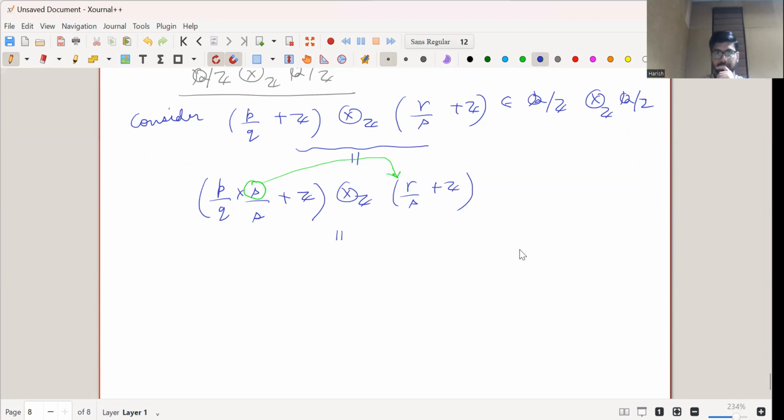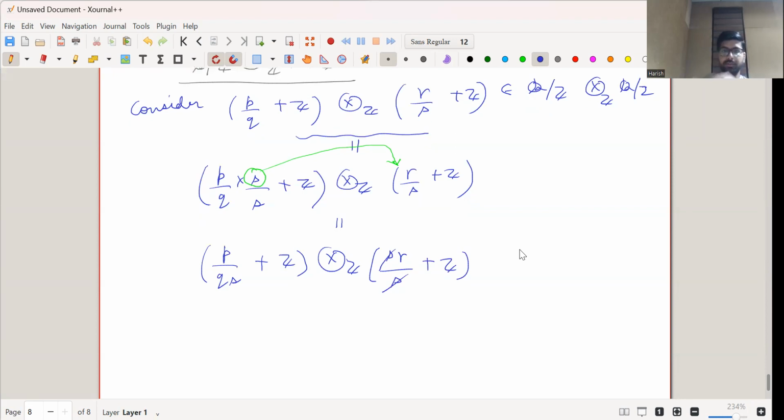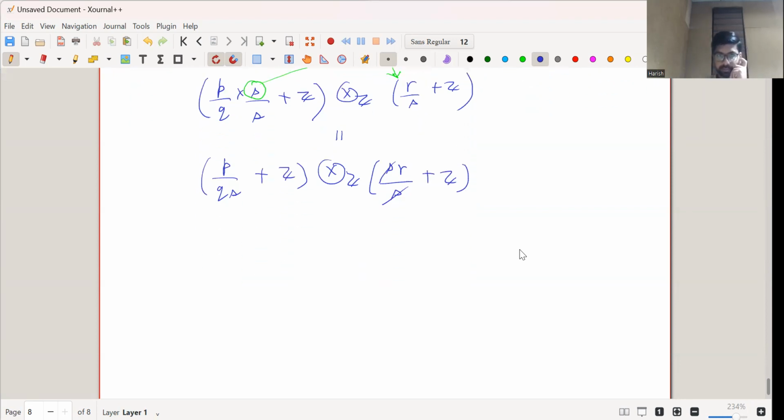Okay, so this is same as p/qs + Z tensor with Z, and s·r/s + Z. This s to s will cancel out. You are left with p/qs + Z tensor over Z with r + Z.